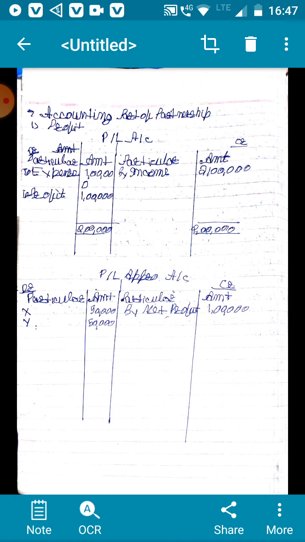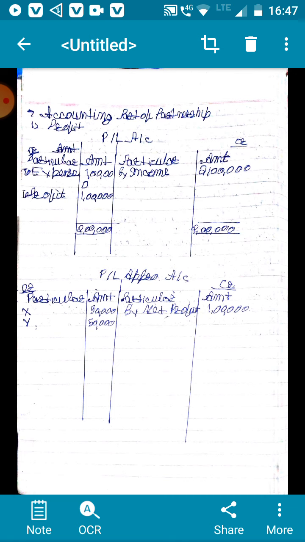Personal account says debit the receiver, credit the giver. For nominal account: debit all expenses and losses, credit all incomes and gains. So here we apply the nominal account.